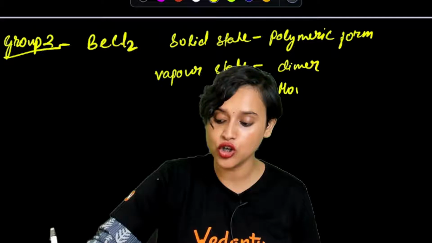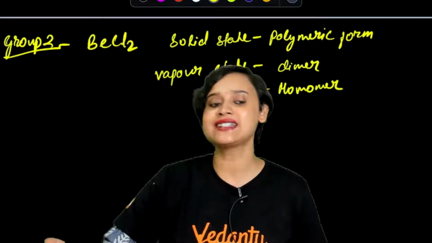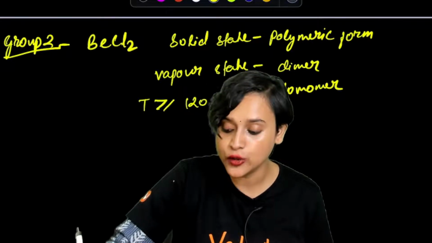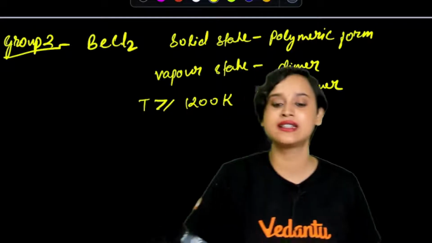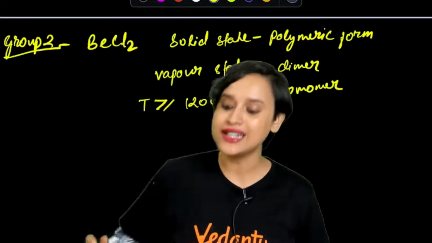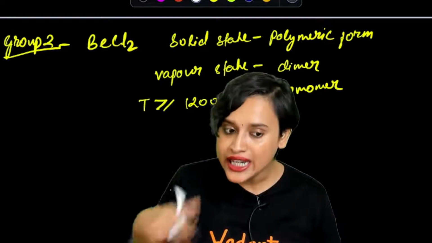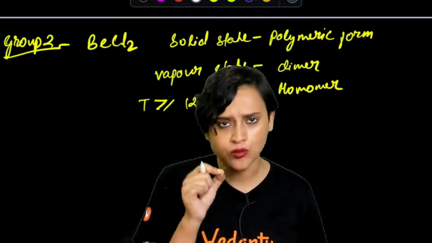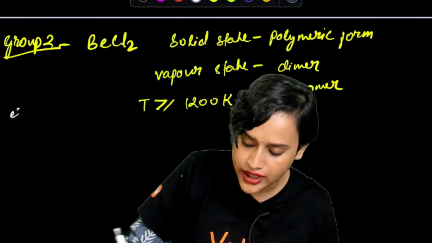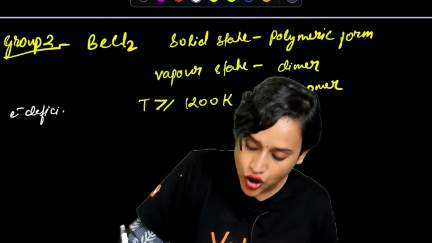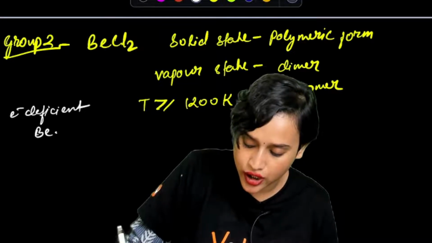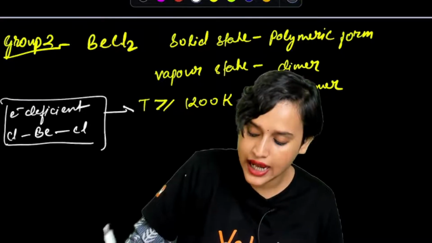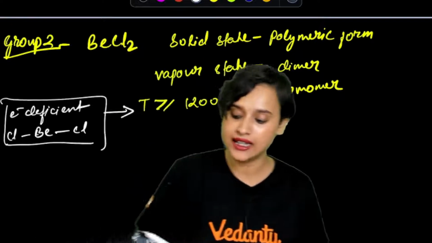When does it exist as a monomer? At temperatures greater than or equal to 1200 Kelvin, it exists as a monomer. It becomes electron deficient, and this is a linear structure that it forms only at this temperature.